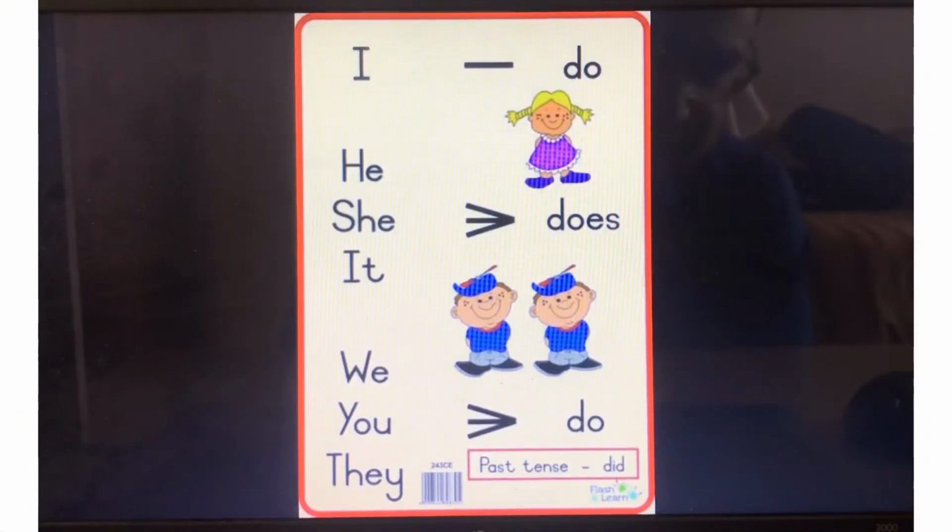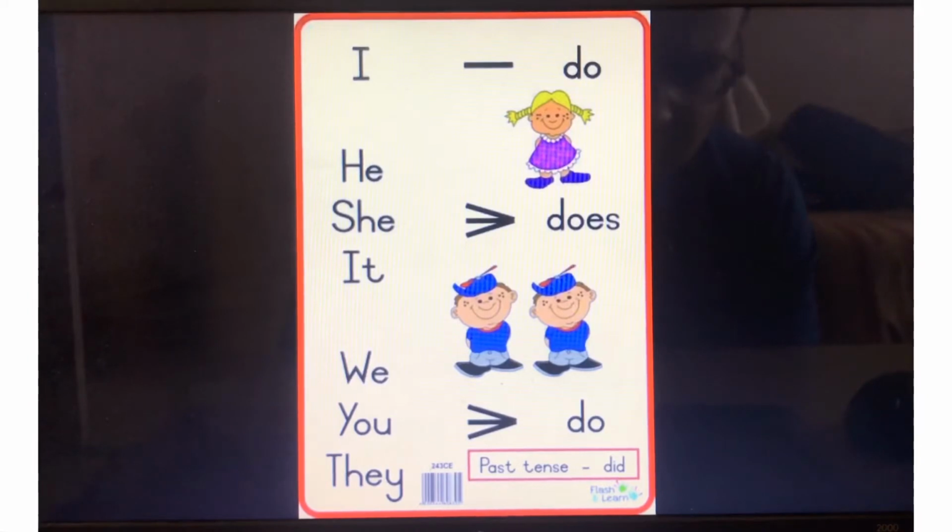Okay, everyone, today we will focus on do and does. As you can see in this image, we have a table set up so that we can identify how to use each one of them.